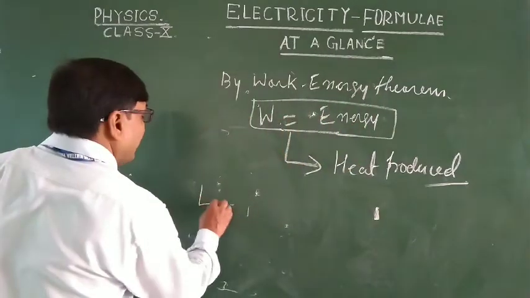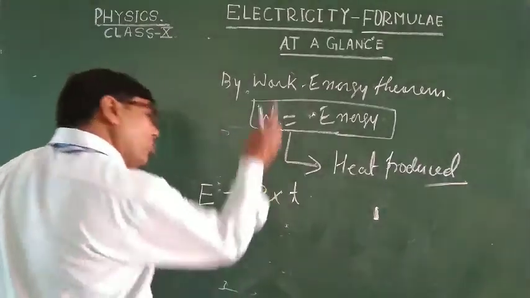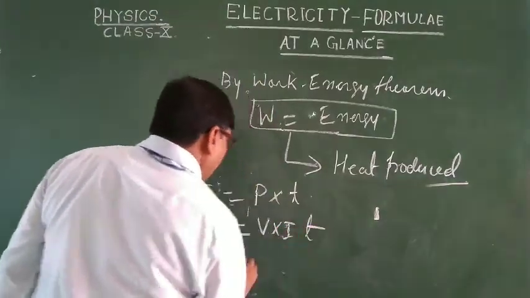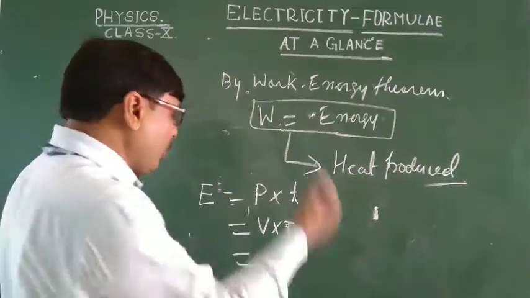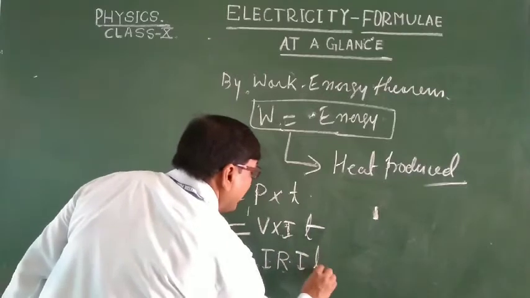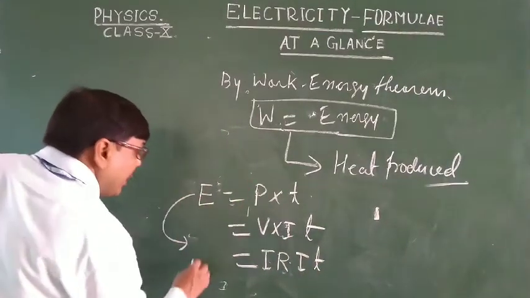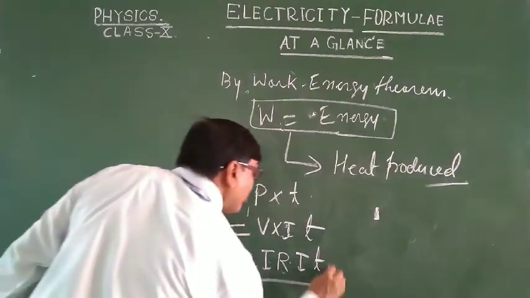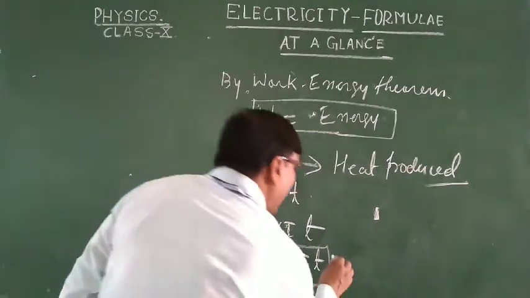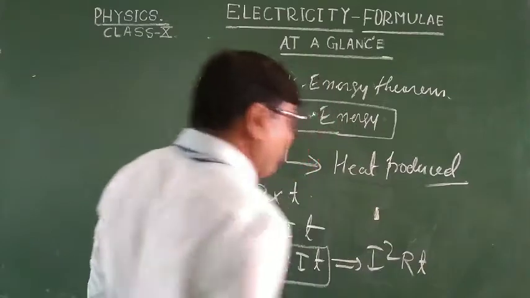Electrical energy is equal to P into T, and P is equal to V into I, so V into I into T. Writing V as I into R, we get I into R into I into T. So E is equivalent to heat energy. So H is equal to I R into I into T, that is equal to I square RT.